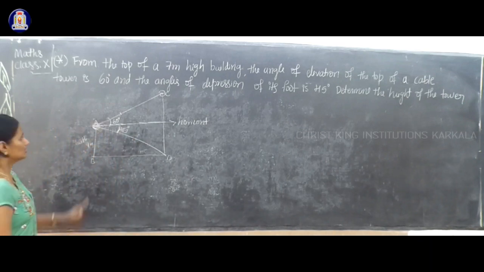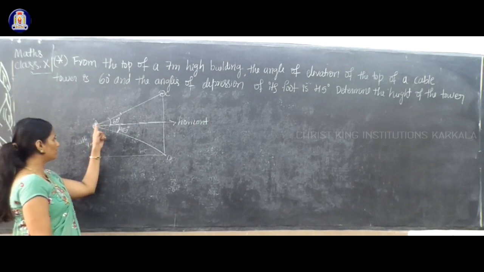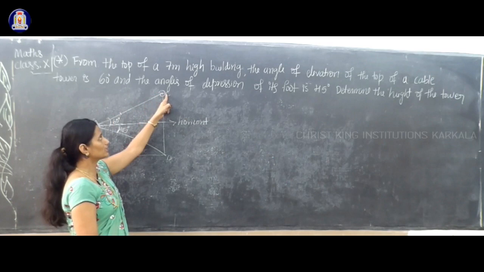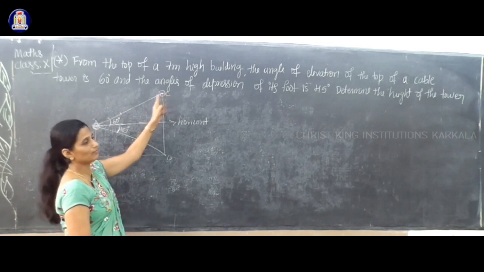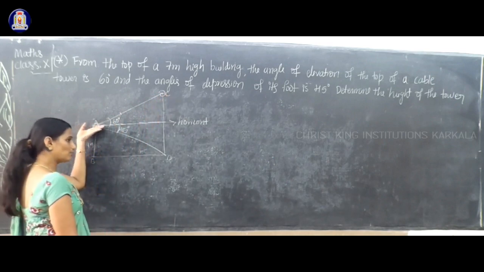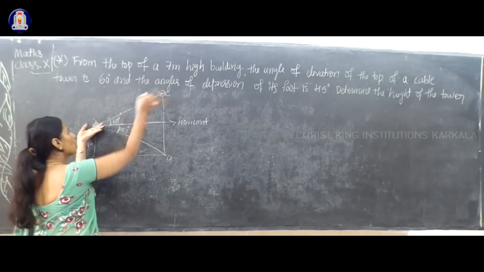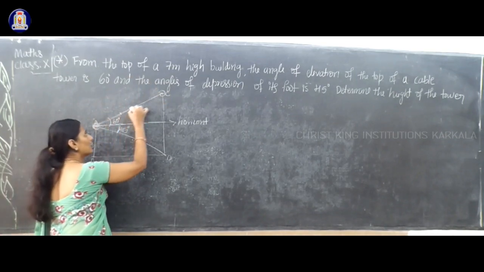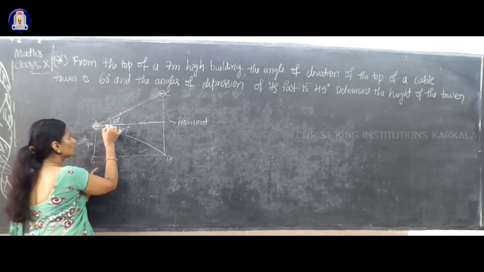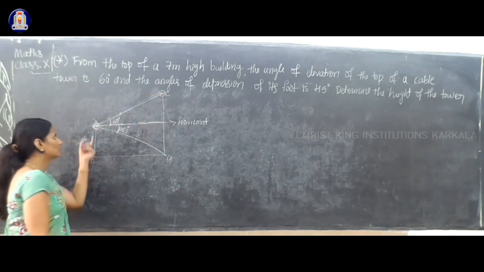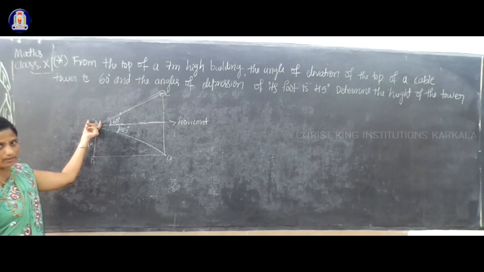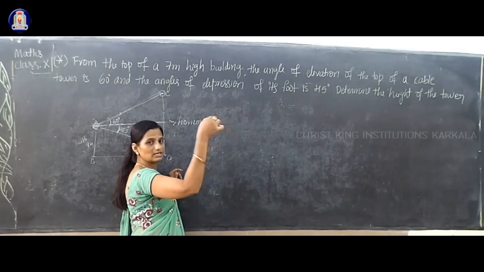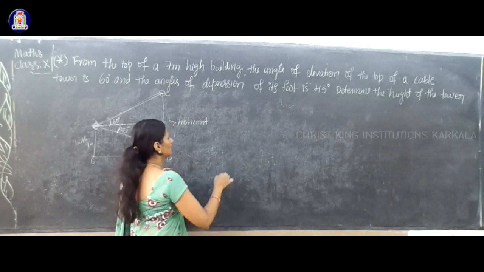Clear? So from the top of the building of height 7 meter to the top of the tower, the angle of elevation is 60 degrees. This is your line of sight, and there should be one horizontal line, so this is your horizontal line. You already know the definitions of angle of elevation and angle of depression.